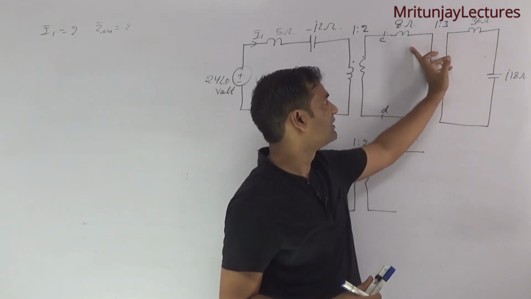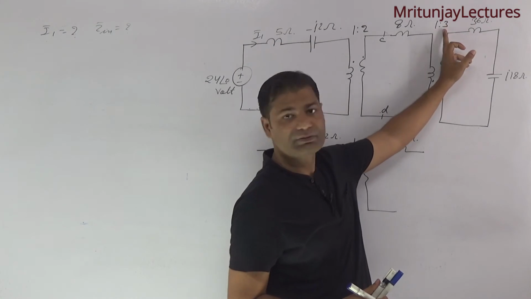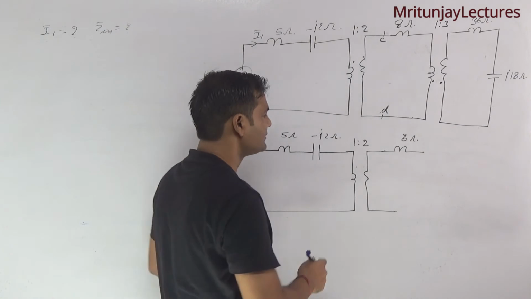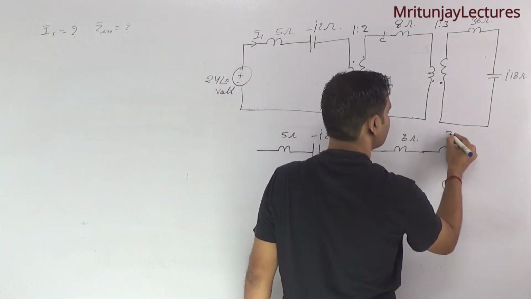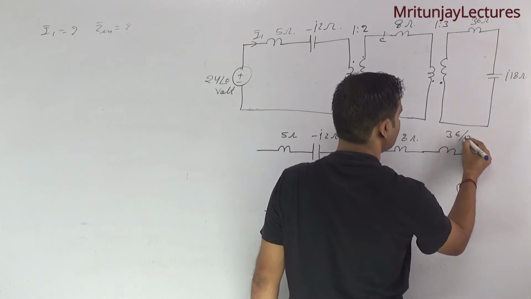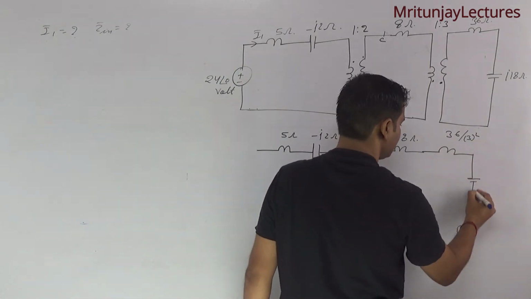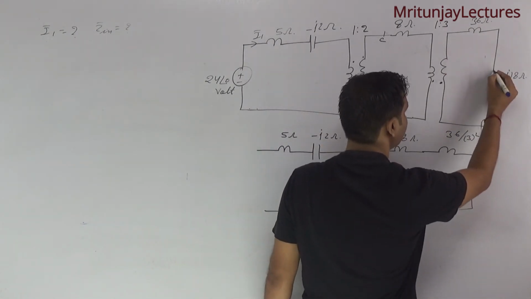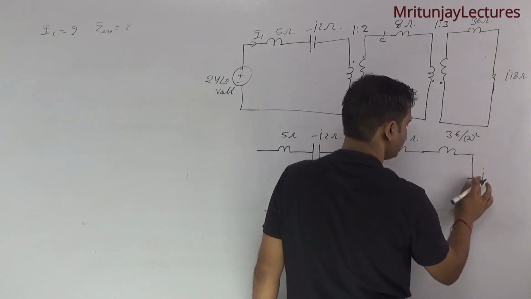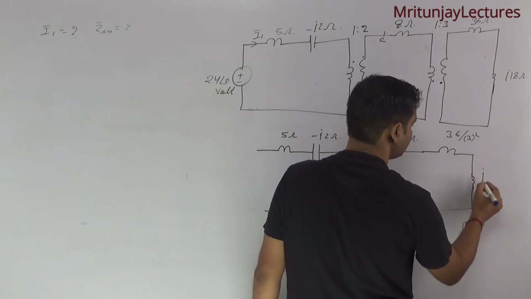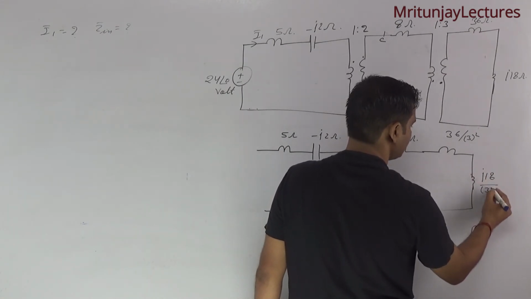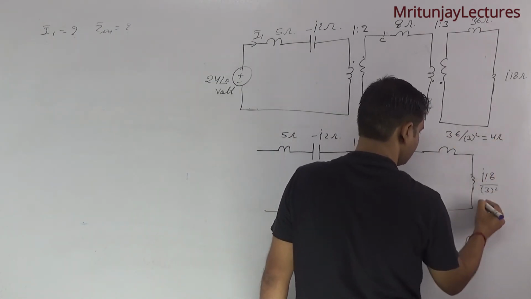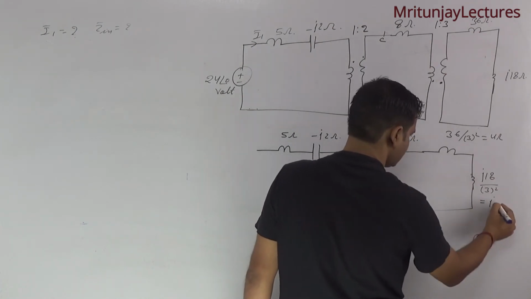If this one is converted here, then 36 by n square. What about n? n is 3 by 1, that is 3. So it is written as 36 by n square, means 3 to the whole square, and this is an inductor, so J18 divided by 3 to the whole square, that is 9, that is 4 ohm, and this one is J2.